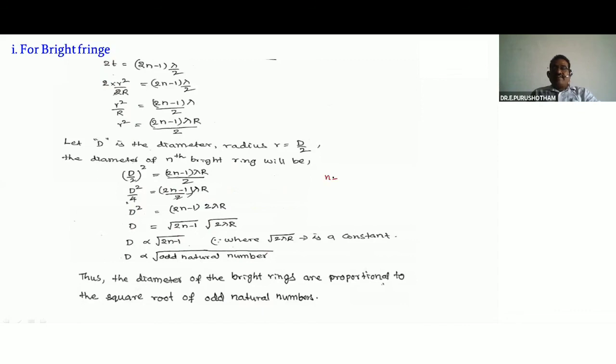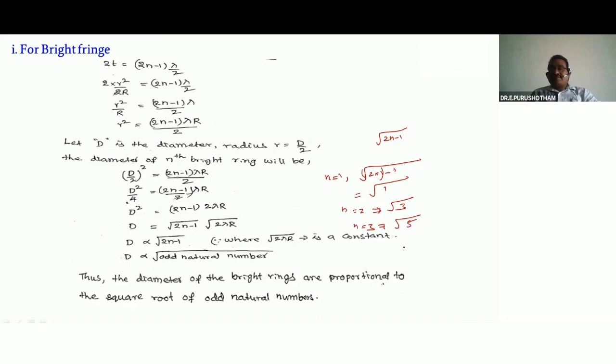For example, n equal to 1 gives root 1, n equal to 2 gives root 3, n equal to 3 gives root 5.